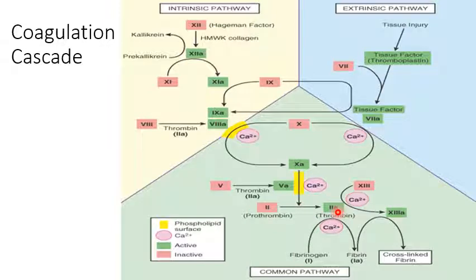And once you've made thrombin, that is going to then go and activate the factor V and the factor VIII to help the whole thing go faster. So then thrombin is also going to activate your fibrin here from fibrinogen, right? So it takes fibrinogen, factor 1, and activates that to fibrin, factor 1A. And then that fibrin is going to make the long threads that actually form the clot.